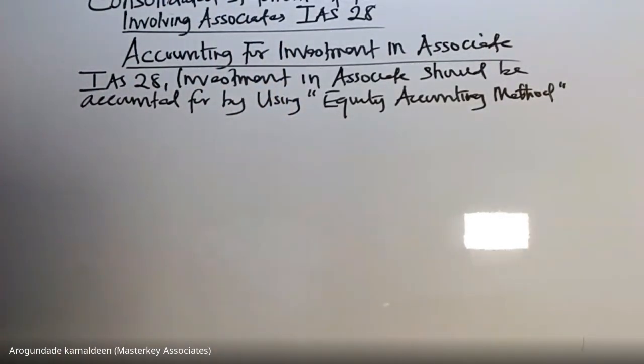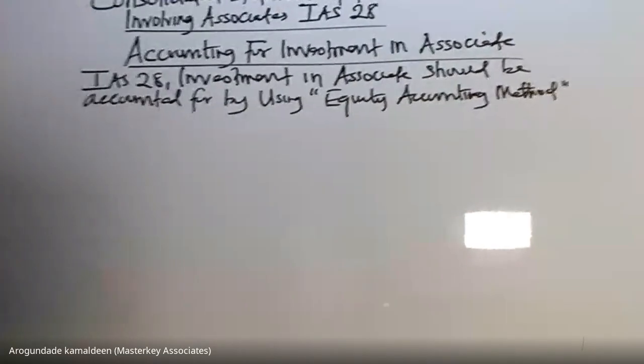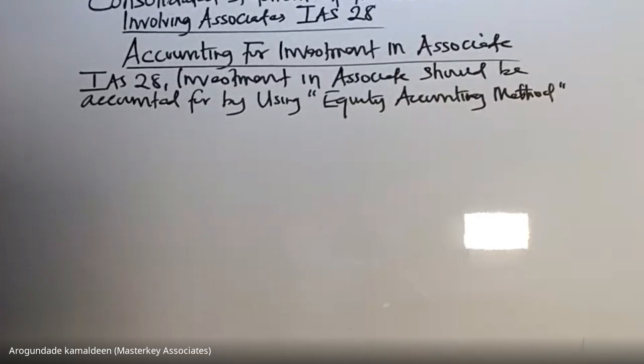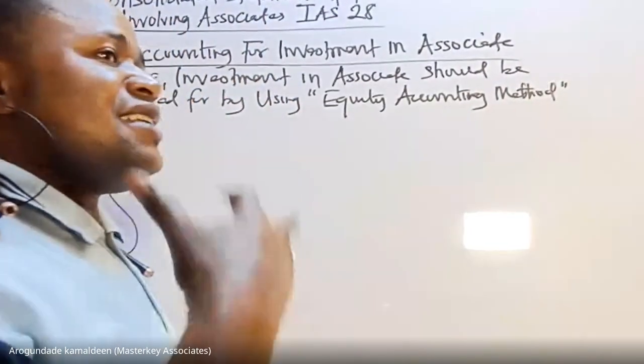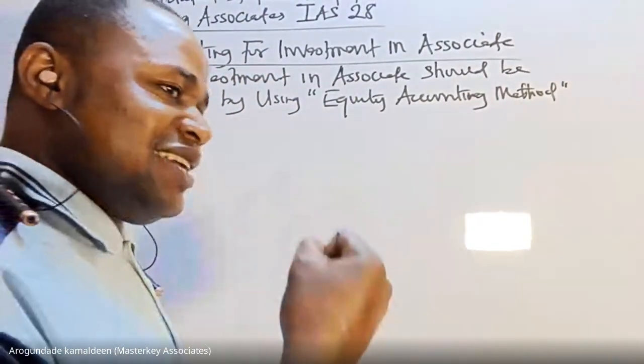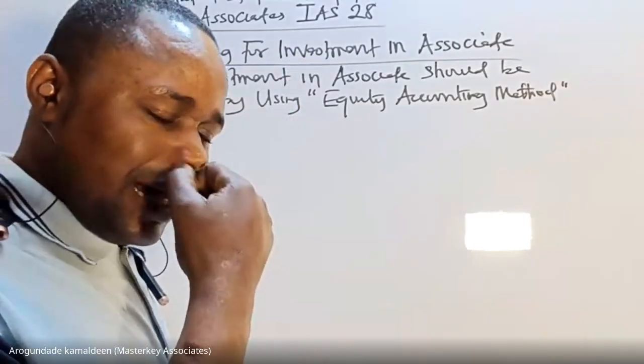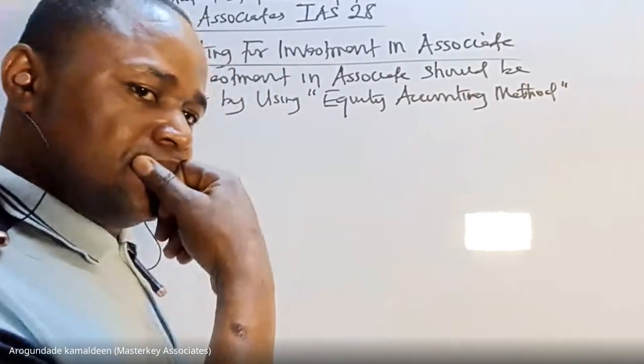Now, what is the meaning of this? Let's see. The equity accounting method is an accounting method whereby the investment is initially recorded at cost. Hear me? At what? At cost.